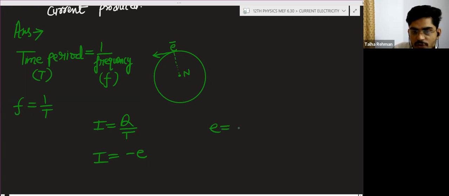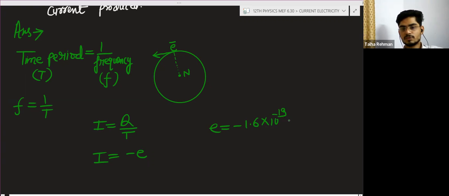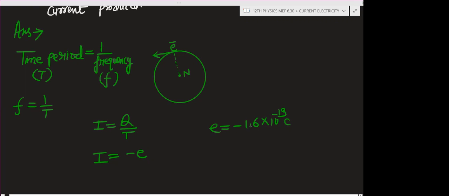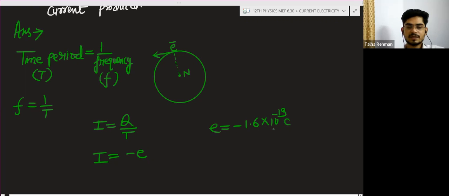So charge on electron is minus 1.6 times 10 to the power minus 19 coulomb.